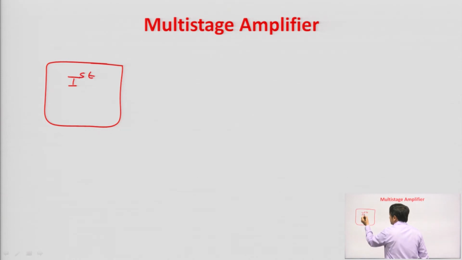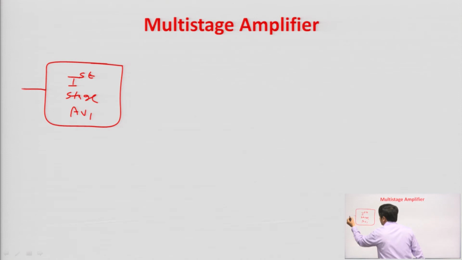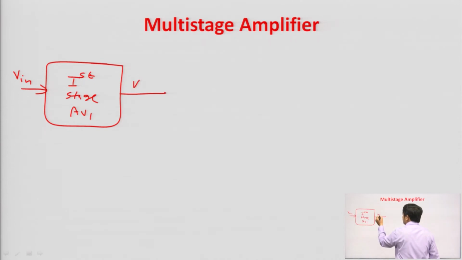For example, this is the first stage, and suppose that the voltage gain of the first stage is AV1, the input signal applied at the first stage is Vin, and the output is VO1.